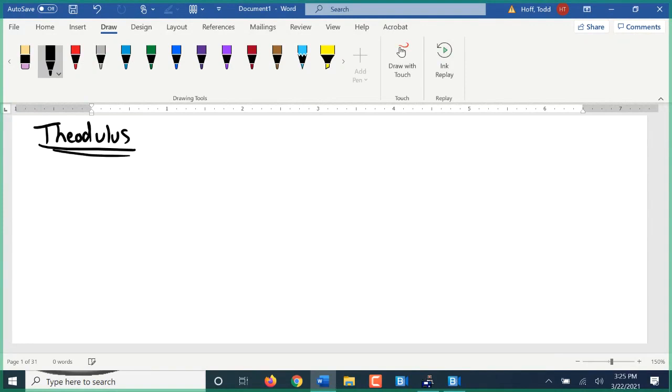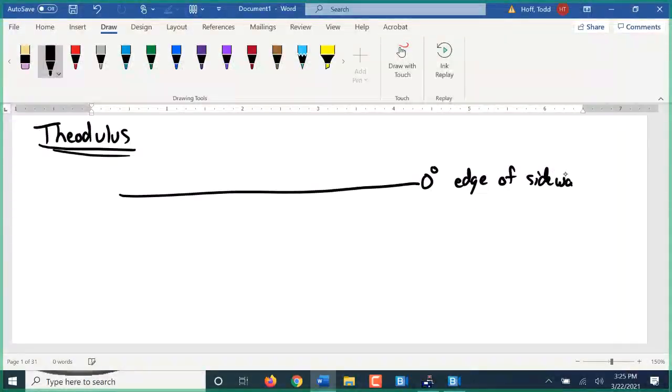We were talking about the theodolite, right? Set up at a job site. Here's what we're going to do. We're going to have a reference line. I call this 0 degrees. This is actually the edge of the sidewalk. This is our theodolite right here.